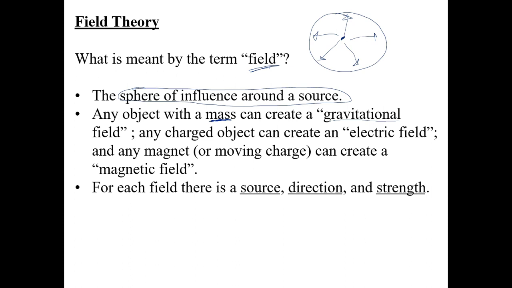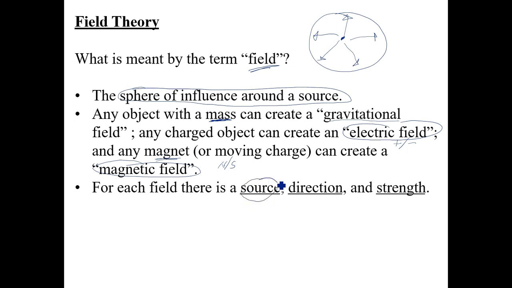Any charged object, anything that has a charge, whether it is a positive or a negative charge, will generate an electric field. And magnets as well, they will generate a field around that magnet, what is referred to as a magnetic field. And with magnets, rather than positive and negative, we usually talk about the north and the south poles.